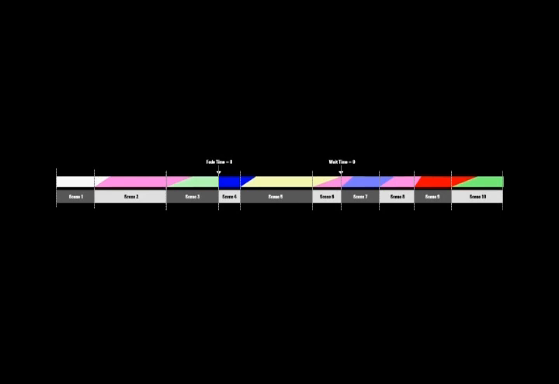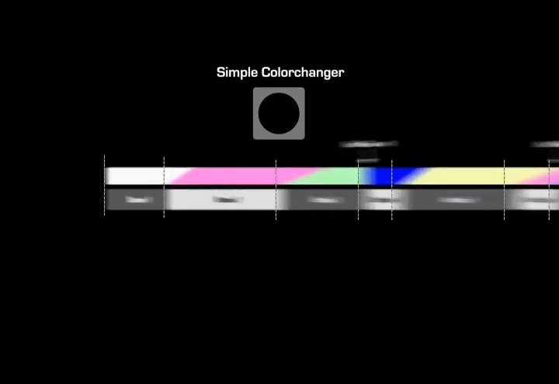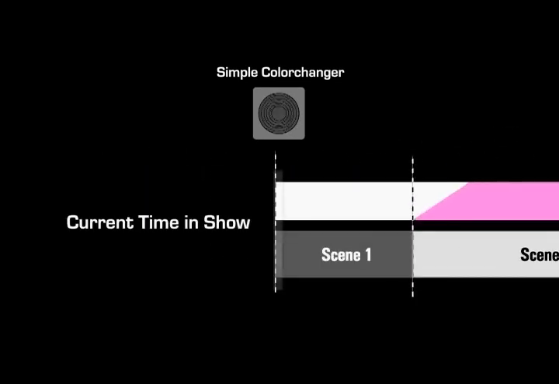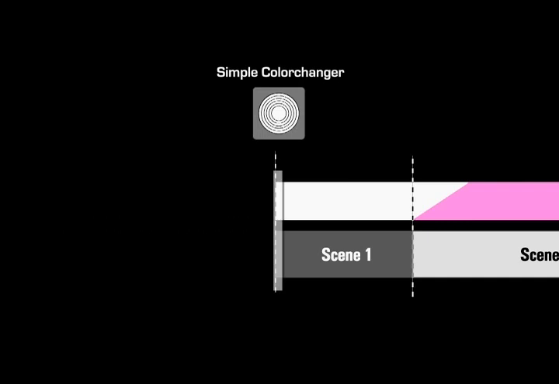This is a show. And as you know, a show consists of a succession of scenes, each with its own total scene time. But let's look more closely. Here we have a single fixture, and the only thing we have programmed to change is its color. Let's start with white.